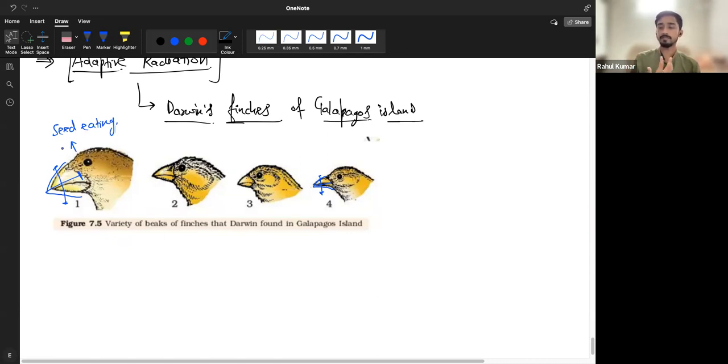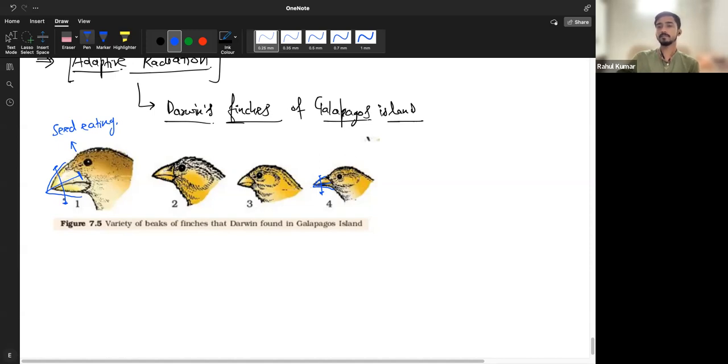So their diet is primarily and majorly seeds, because it's obvious that a seed is a hard structure, right? And you need to break seeds to get nutrition. If you take the seed of any plant and just swallow it without breaking it, you're not going to get nutrition from that. You understand?